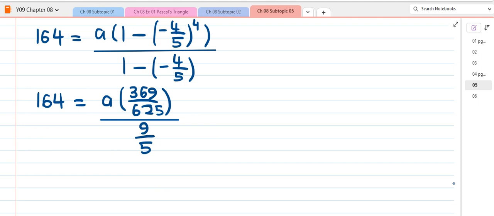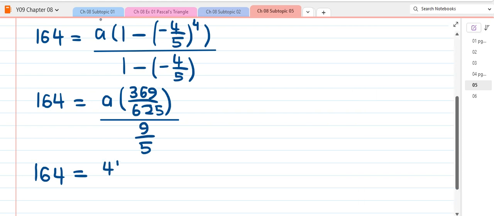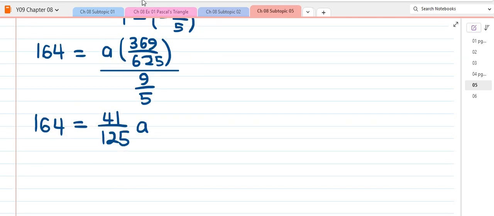So next to a would be 369 over 625, divided by 9 over 5. So this one next to a will be 41 over 125. So obviously here you have to multiply with the reciprocal of the fraction.